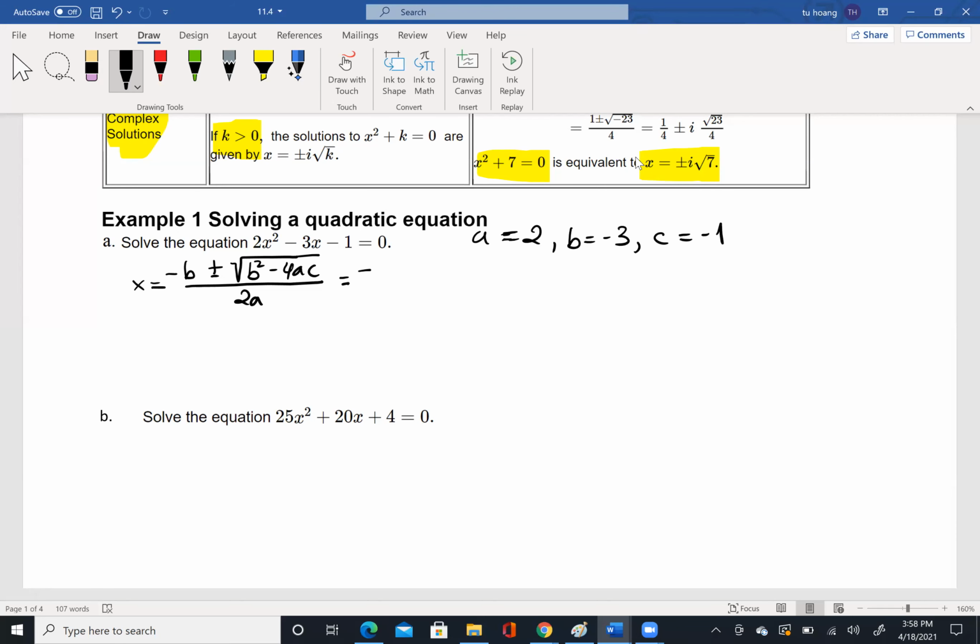I have negative of b. What is b? Negative 3. So put negative of negative 3, and plus or minus the square root of negative 3 squared minus 4 times a, which is 2, times c, which is negative 1, and then divide by 2 times 2.